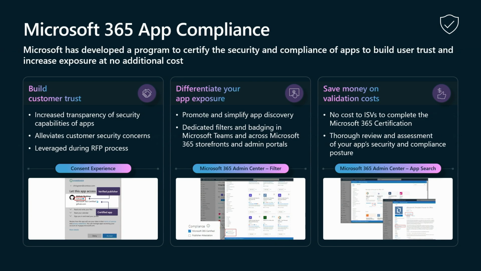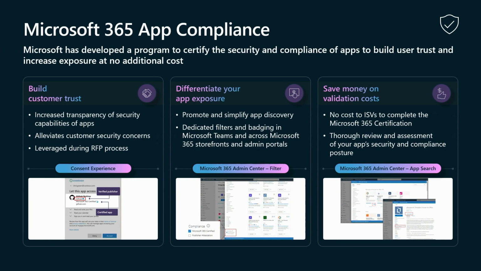The benefits of getting your extensions or your apps certified include increased transparency for your customers to help them build trust, better exposure for your extensions and your apps in admin centers, in marketplaces, which will help you drive adoption of your apps, and also no cost to you in getting this certification, which includes a penetration test that would save you thousands of dollars and would help your customers know how seriously you take handling of their data.